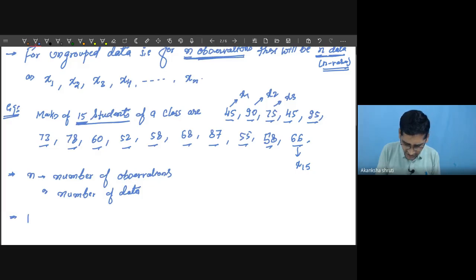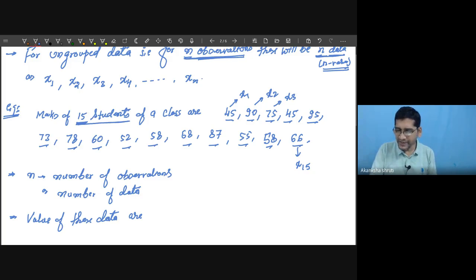So the values of this data are, like here for the 15, we observe that none of the marks is 15. It is not 1 to 15. The marks are something else.